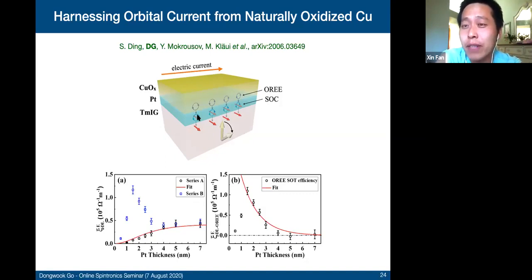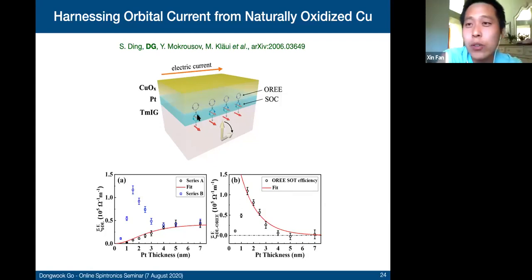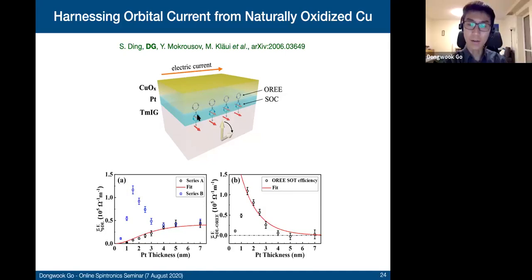But to distinguish between different mechanisms, what we do is thickness dependence, slightly modify the interface, insert a spacer layer, and that's pretty much it. So what do you expect the length scale to be? Just like a spin diffusion length, what about the orbital current? What's the typical decay length? Is there any decay length? Okay, I suppose it's related to the crystal field.